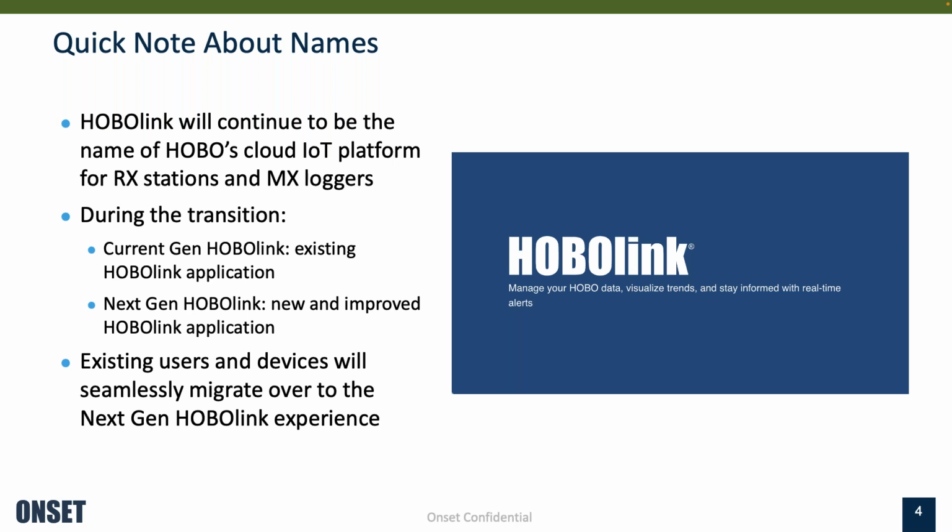So you may hear me talk about the current gen HOBOlink, which is the existing HOBOlink that you log in and see today, or the new HOBOlink, or the next gen HOBOlink. This will be the new and improved version of HOBOlink, but I'm just going to use these to describe the transition as helpful terminology. Moving forward, it will continue to be this HOBOlink as the name of the product.